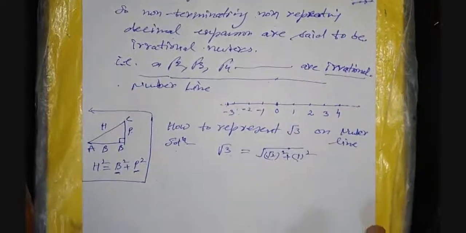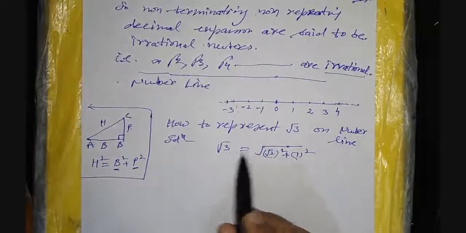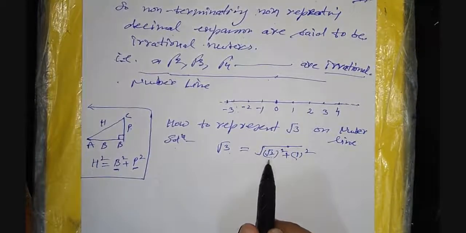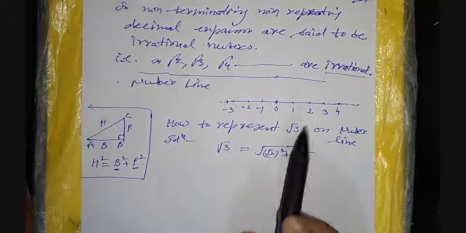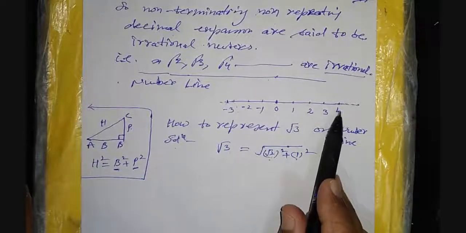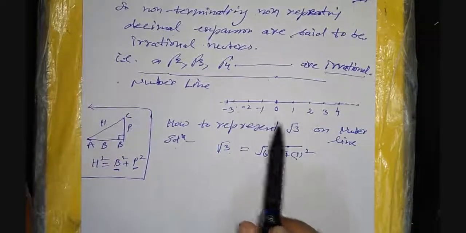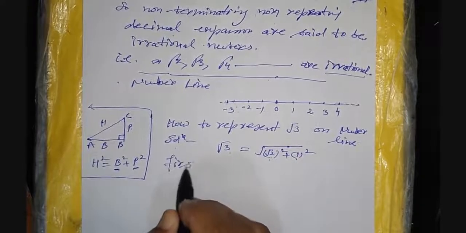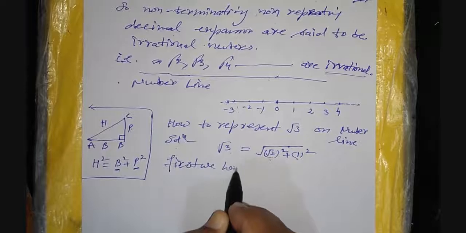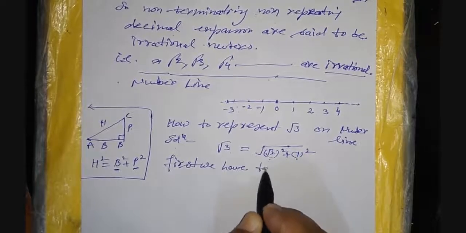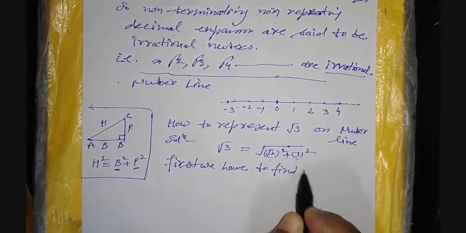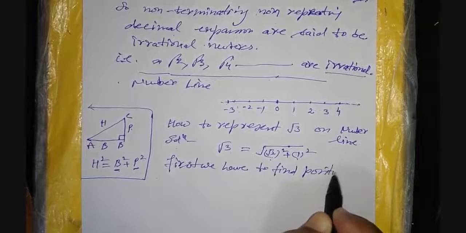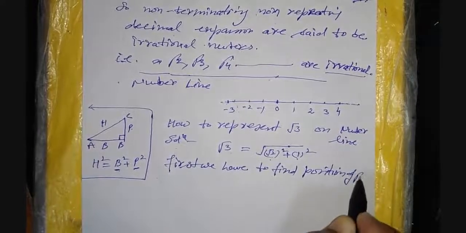Now in this part, root 2 is again an irrational number. So first we have to find the position of root 2.